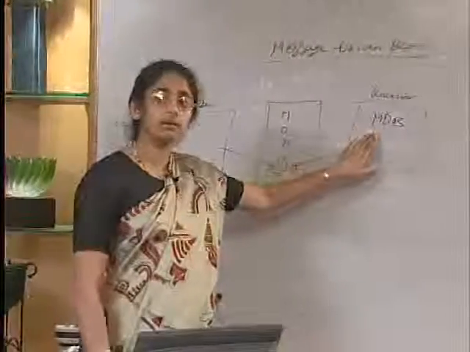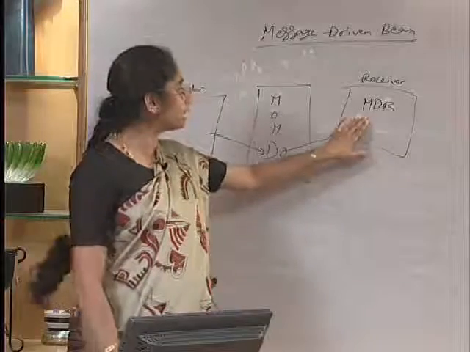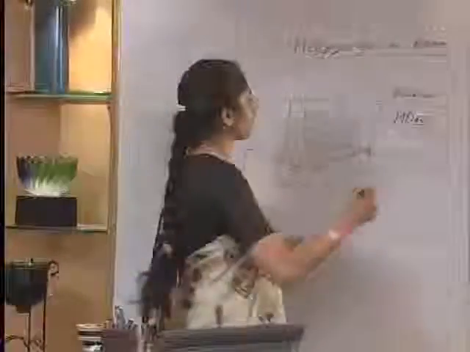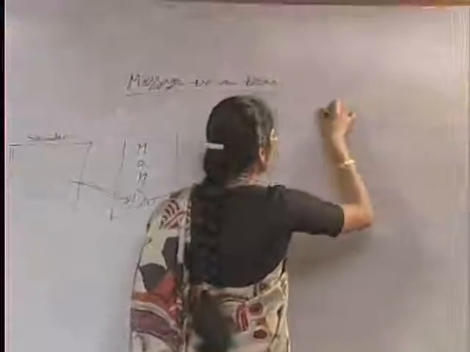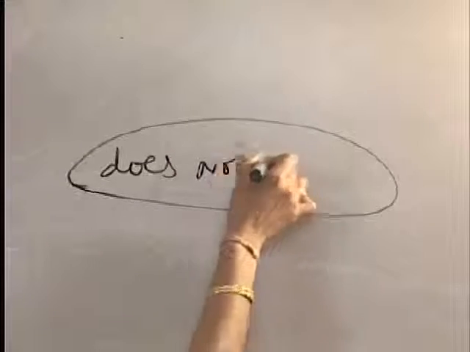Now let us take a look at an example of a message driven bean, and just before that we will first look at the life cycle of a message driven bean. The life cycle of a message driven bean starts at the does not exist state.